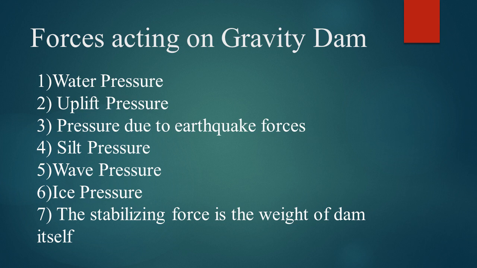These are the main forces which we will discuss in our later slides. There are several minor forces we have to be aware of, but these are the main forces we have to be more concerned about before designing a gravity dam.